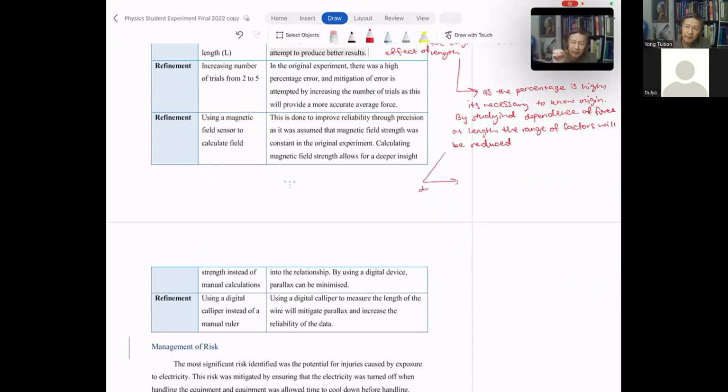So you should recommend at the end of this writing that care must be taken in using the sensor for measurement of magnetic field, because you have repeatedly shown that the percentage error is high. And it is unlikely to make a terrible mistake in measuring the current, right? The current is easy to measure. You just use the digital ammeter. How could you make a terrible mistake?